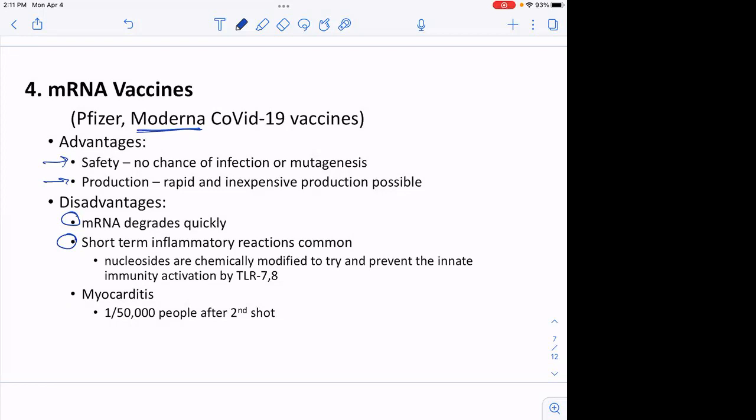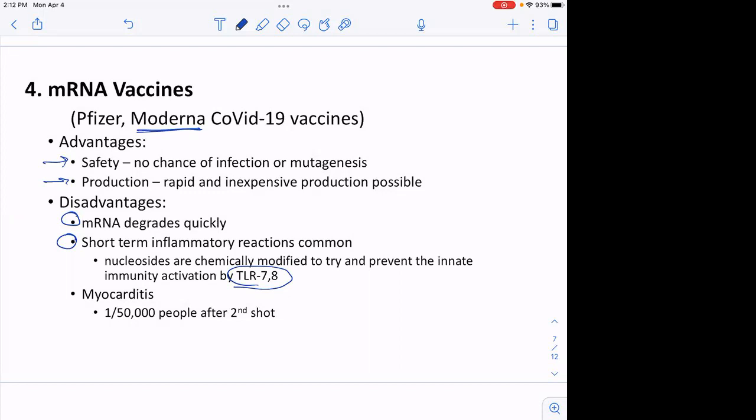So those nucleosides that were put into the messenger RNA, they've modified them a little bit to try to make it so our toll-like receptors 7 and 8 don't recognize it. If you remember, those toll-like receptors recognize PAMPs, pathogen-associated molecular patterns. The single-stranded RNA acts as a PAMP.